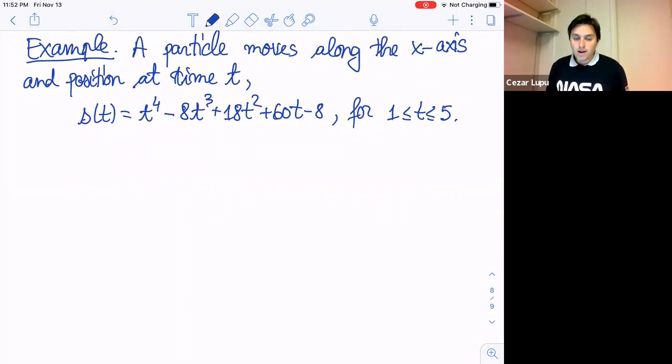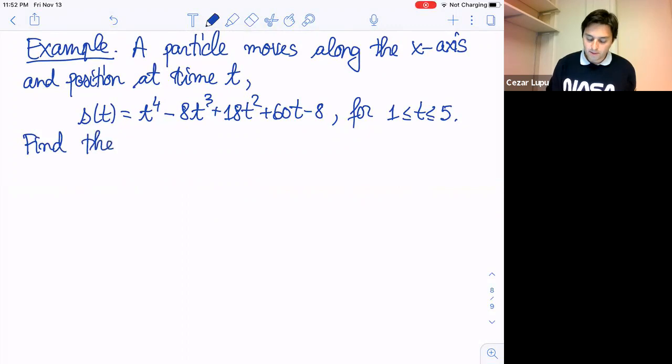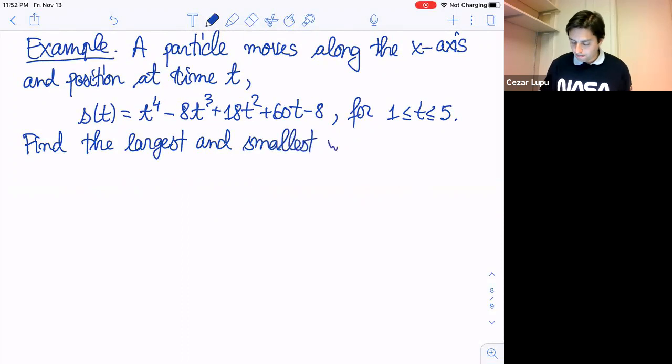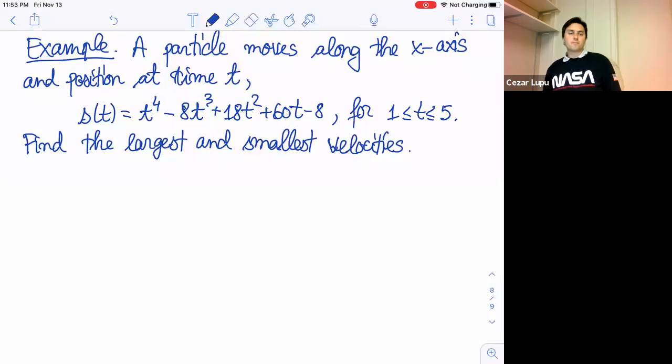Now we would like to find the largest and the smallest velocities. Well, it's quite clear.